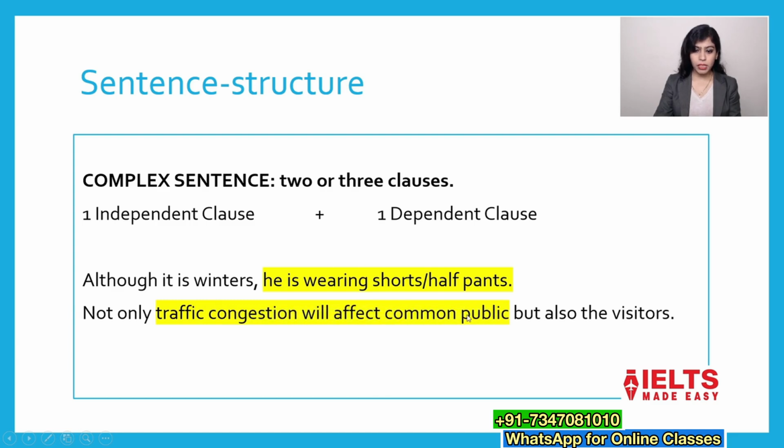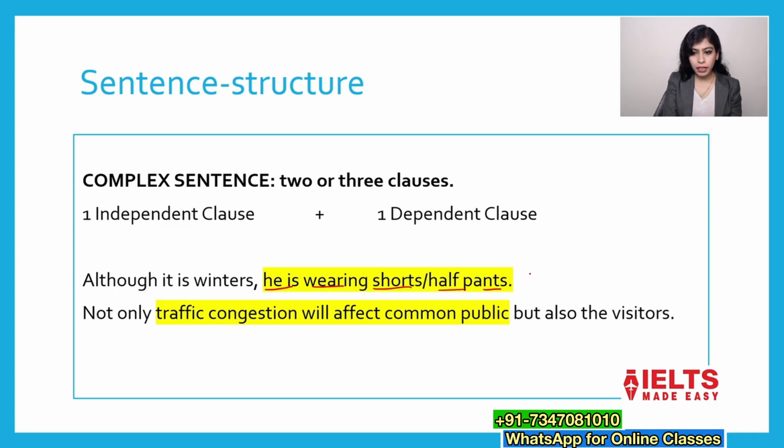Now we have the sentence. With the help of this sentence, I'll show you what an independent clause is. So basically, as the name suggests, an independent clause is the one which has its own meaning. Although it is winters, he is wearing shorts or half pants. I have highlighted this portion, do you know the reason?